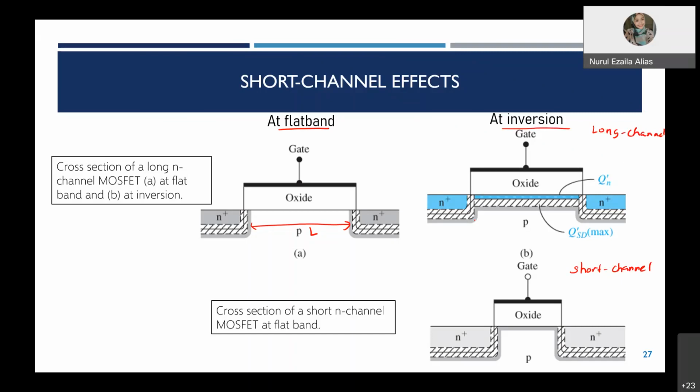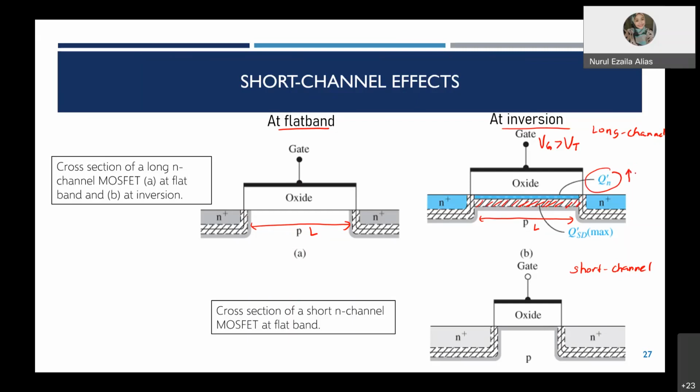So for the long channel, the length between source and drain is given by L. As you can see, at inversion, when you apply VG greater than the threshold voltage, the channel will be created over here. Inside this channel, of course, there is a charge.